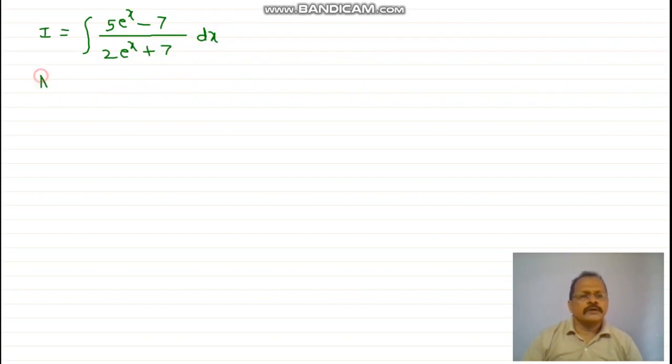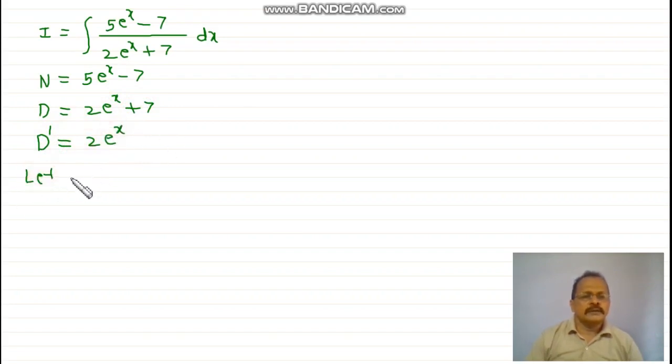Now here the numerator is 5e raised to x minus 7. The denominator is 2e raised to x plus 7. The derivative of the denominator is 2e raised to x.